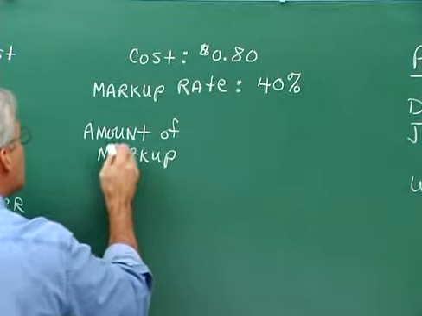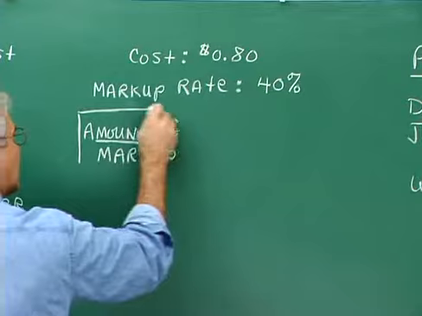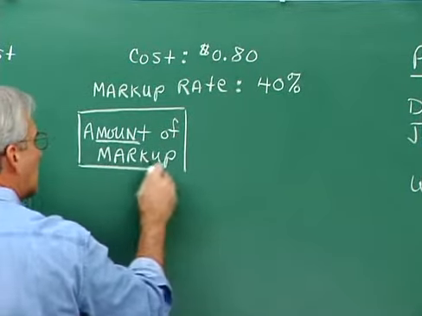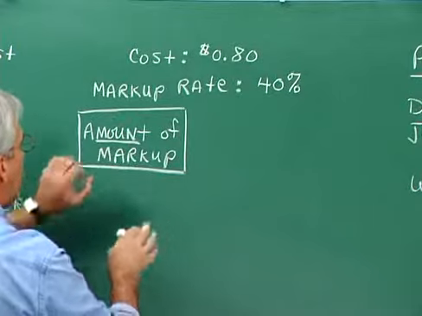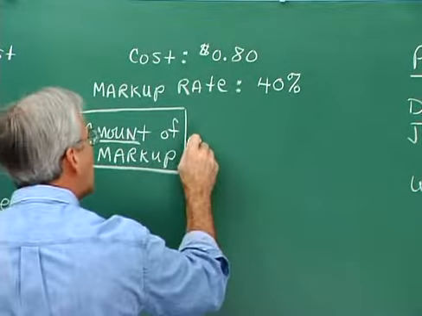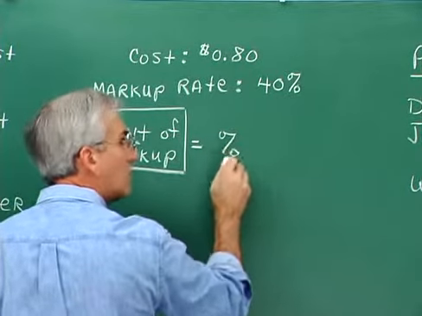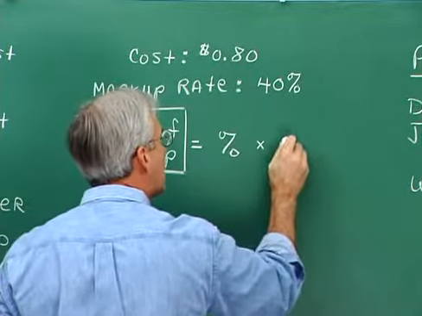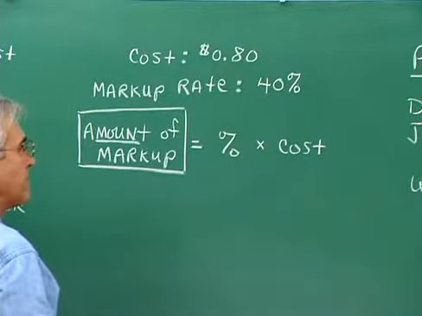Now, I am using this word amount just to emphasize that it's not a percent. It's a dollar amount. But that amount of markup is equal to the markup rate, some percent, times the original cost. And you can just jot it down like this.